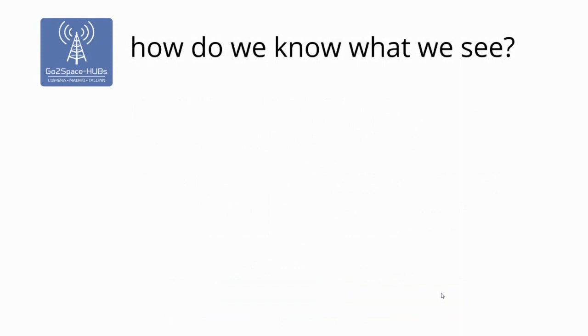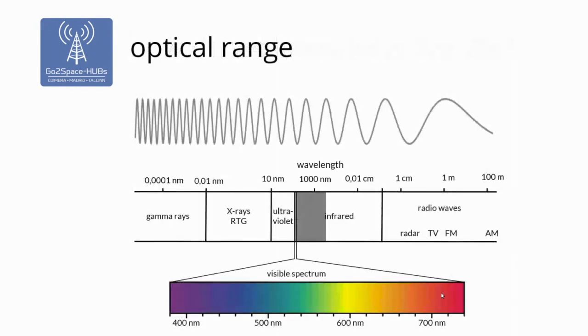The important question is how we know what we see actually, because we have, of course, vast experience with the visible spectrum. We know that yellow means yellow and red means red, and what it means actually. But what about those different bands of the spectrum, like infrared and so on?